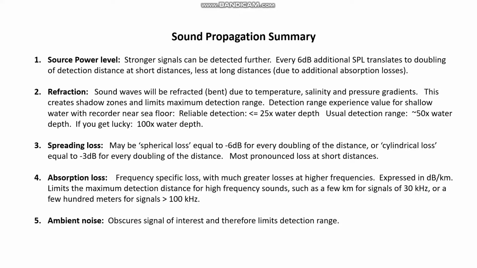If you are operating above 100 kilohertz, then your detection distance might be a few hundred meters. So that would be, say, for harbor purposes, vocalizing in the range between 100 and 150 kilohertz. And finally, ambient noise will always obscure or compete with your signal of interest and therefore limit the detection range.